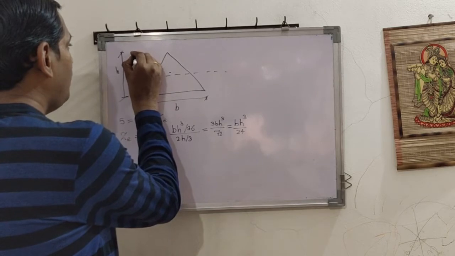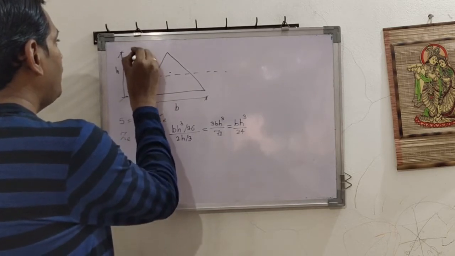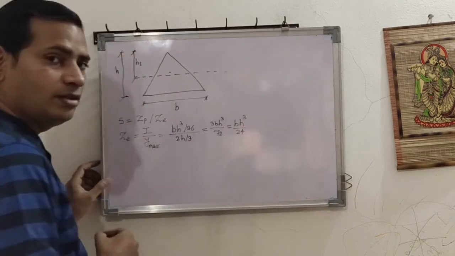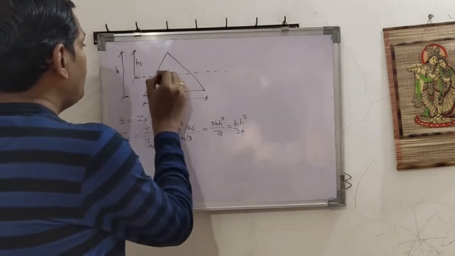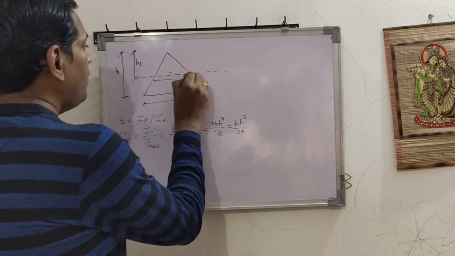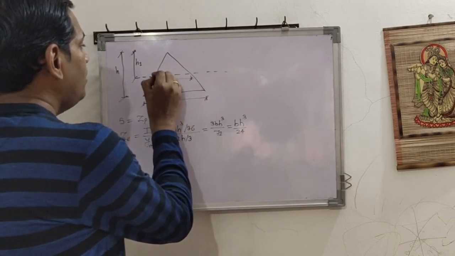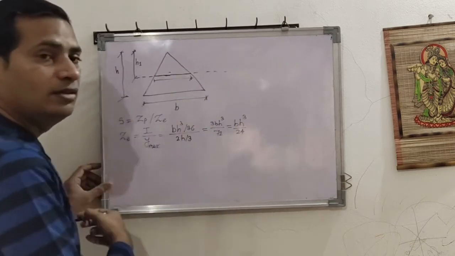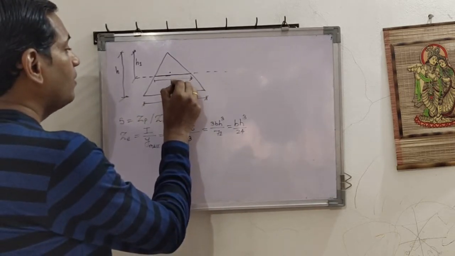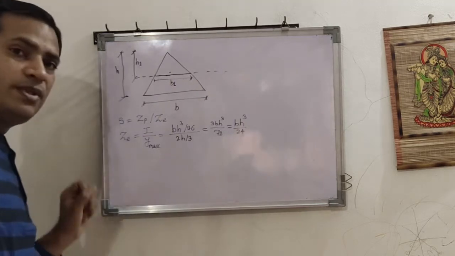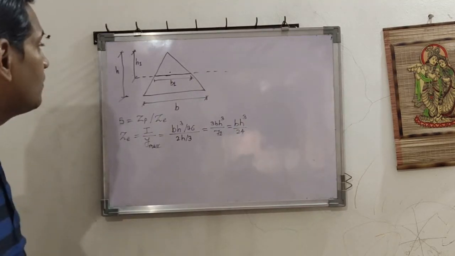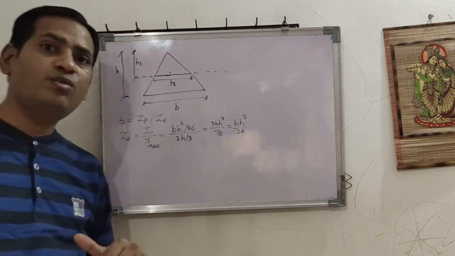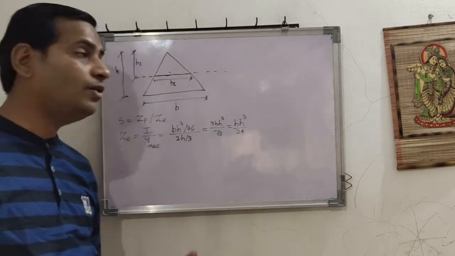We shall assume that it is at a height of h1 from the apex, and corresponding to this h1 we shall assume that the width of this triangle, the upper part, is b1. Now as per the theory or the assumptions, the area above the neutral axis and the area below the neutral axis are both equal.